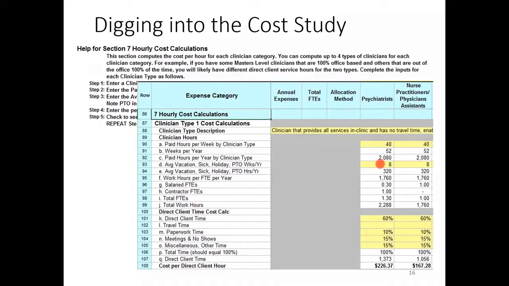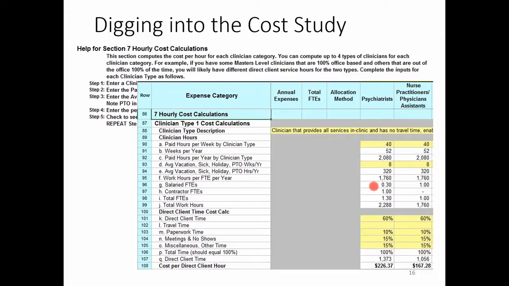In this example, it's 8 weeks. So there's 2,080 hours of paid time. There's 320 hours of paid time off. And so people actually at work in this category, 1,760 hours.